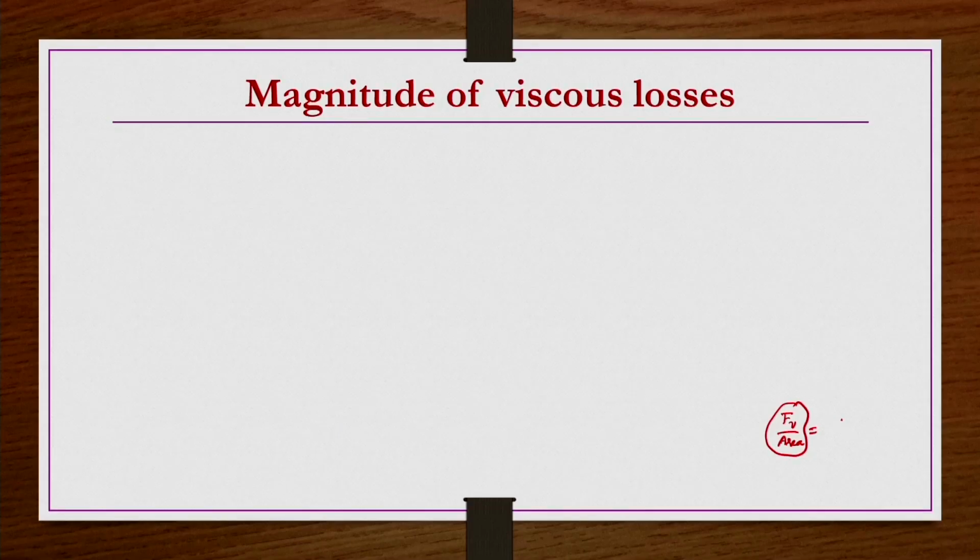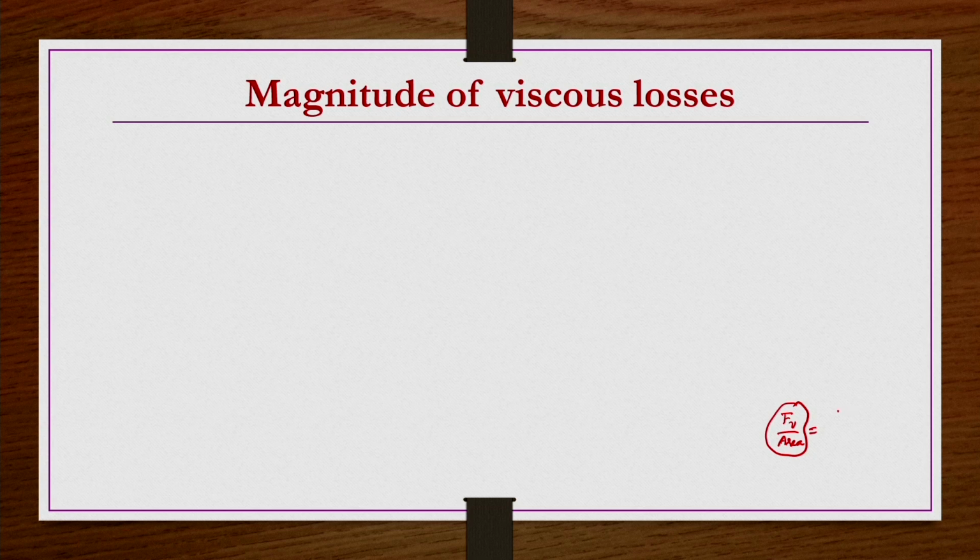What is this Fv, that viscous force? We have already seen the Stokes drag on a single particle, the drag force in the Stokes limit, which is nothing but the viscous force, because that is the only force acting in the small Reynolds number range.